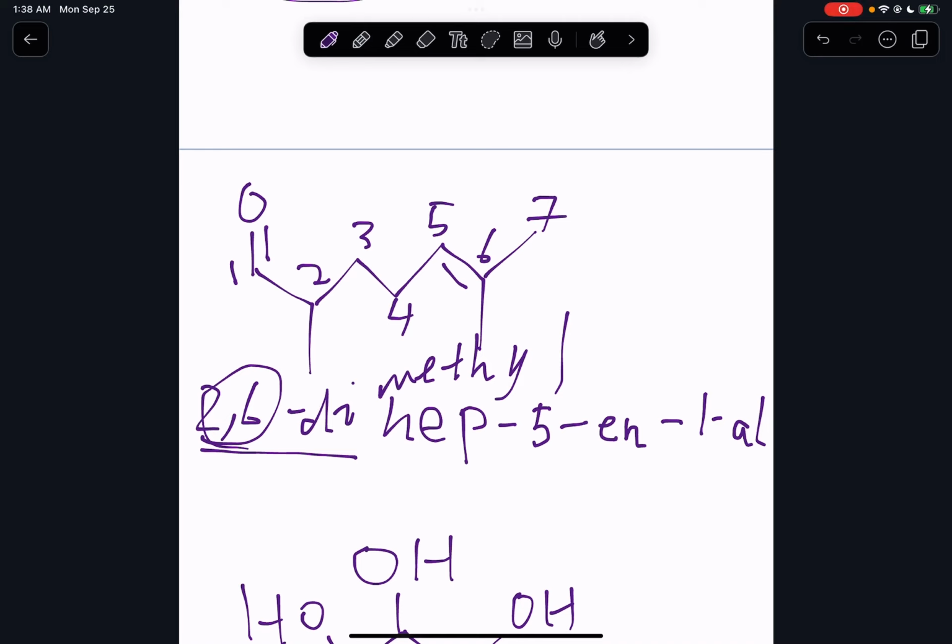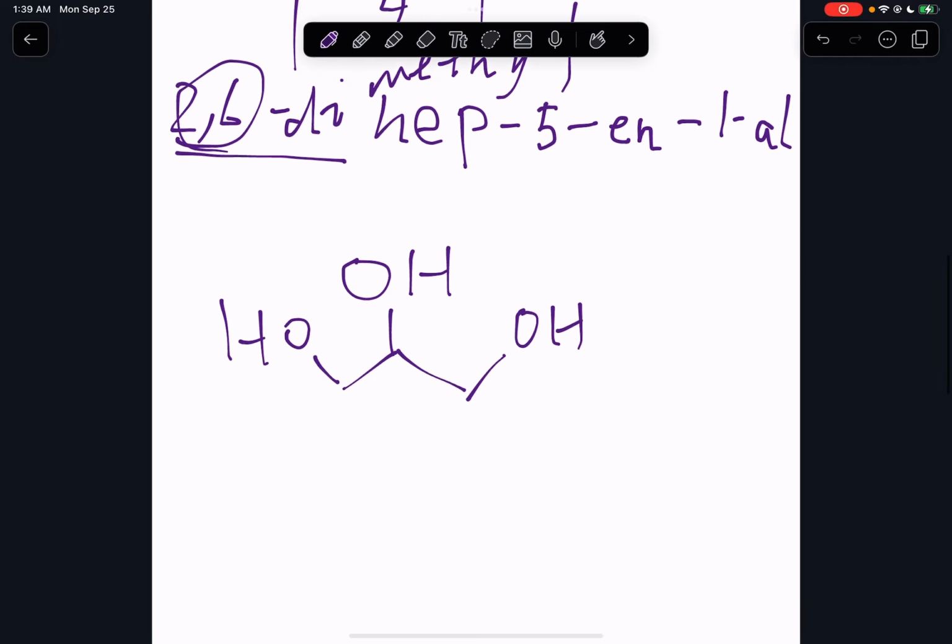So there's 2,6 dash dimethyl hept dash 5 dash en dash 1 dash al. This is the final answer for question number 3.